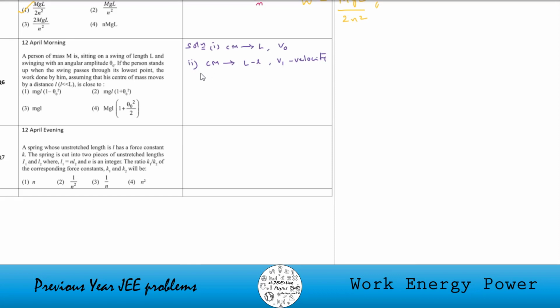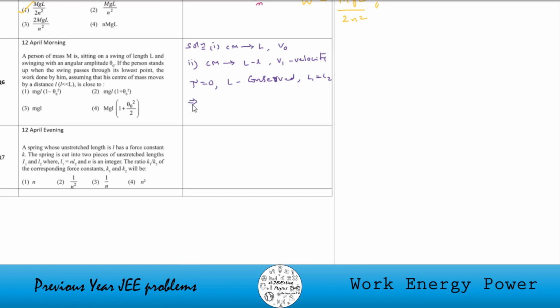In both the cases, here there is no external torque acting on the system. So therefore angular momentum is conserved. That is L1 is equal to L2. Total angular momentum before standing is equal to total angular momentum after standing.